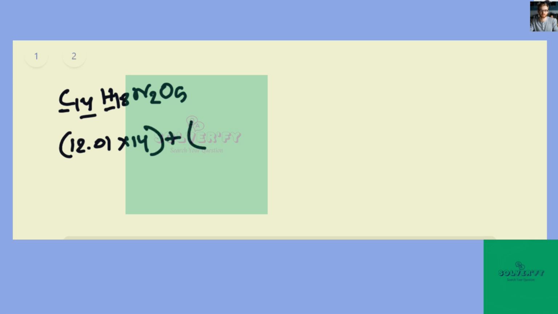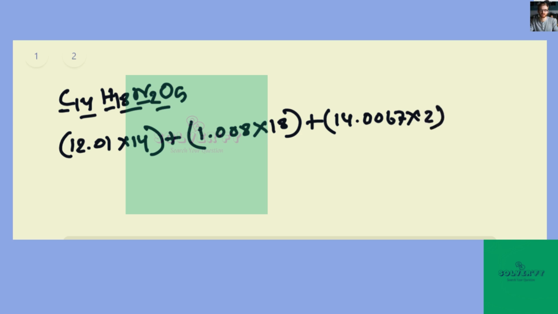Then molar mass of hydrogen is 1.008. We have 18 hydrogen. We'll multiply it by 18. Then we have nitrogen. Nitrogen has a molar mass of 14.0067, and we have 2 nitrogen.